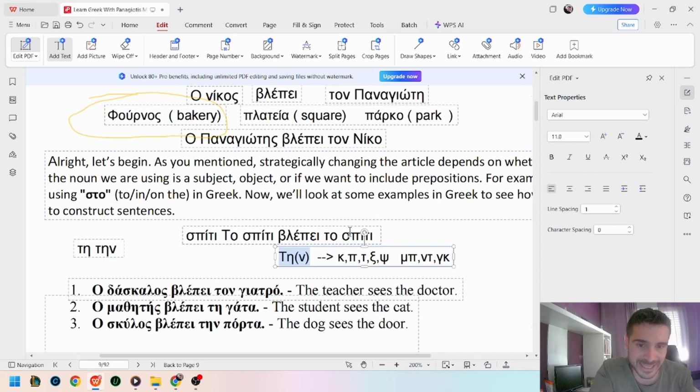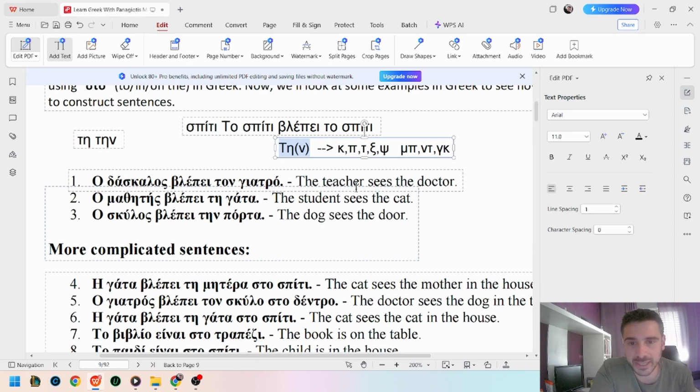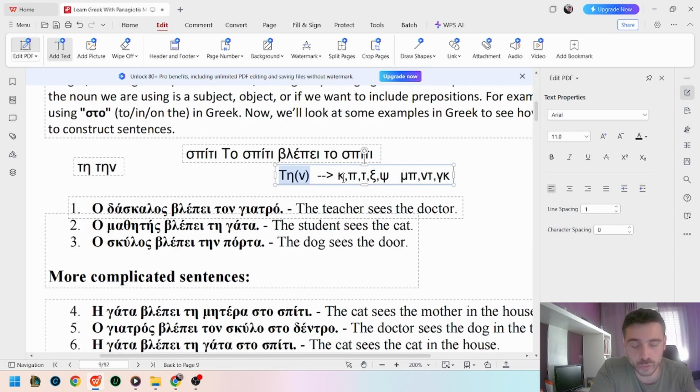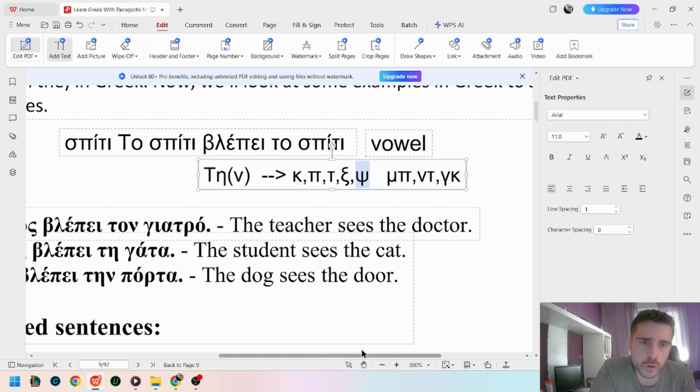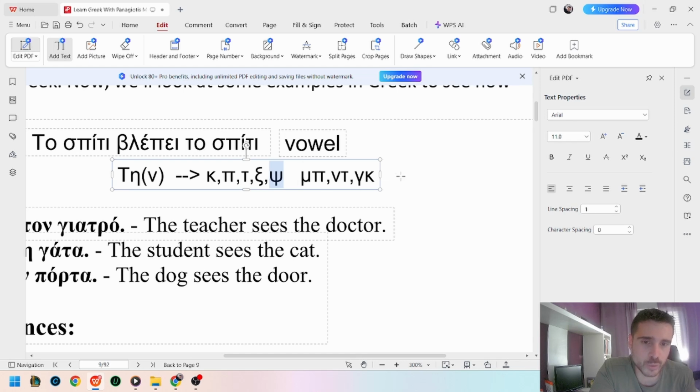We use the ending ν in accusative when the article is for the object, if the following word starts with a vowel, or with the consonants κ, π, τ, and the double consonants ξ, ψ, or combinations like μπ, ντ, γκ, τσ, τζ.